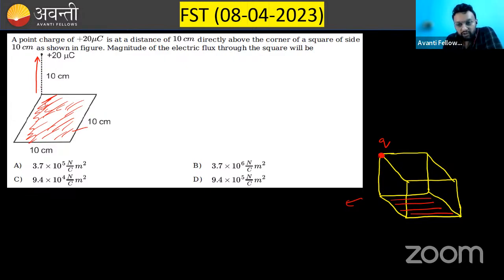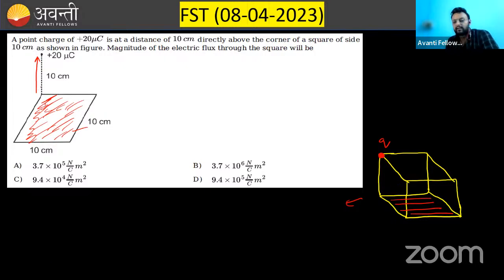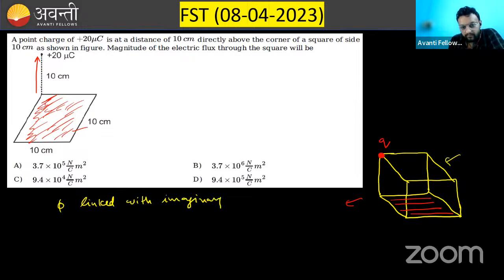And out of these 8 cubes, the flux linked with our cube, the imaginary cube, is Q by 8 epsilon naught.